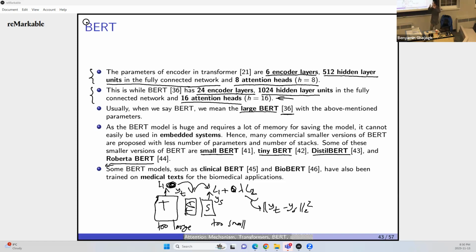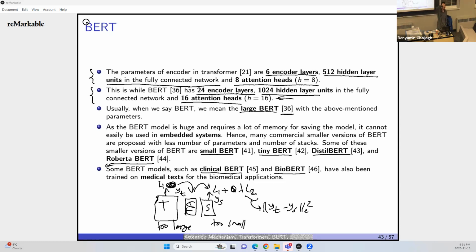As you see, we can have a hierarchy: teacher assistant 1, teacher assistant 2, teacher assistant 3, and then a student, like a pyramid. Do you see that? This is one of the big techniques used for compressing networks.